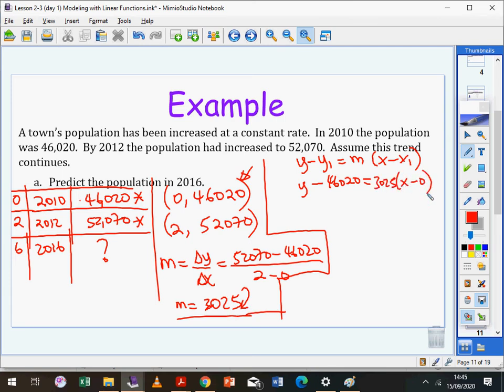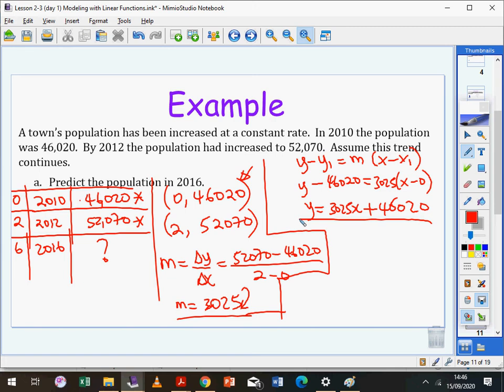So my equation is y is equal to 3025x plus 46020. That's my equation. As they're asking me to predict the population in 2016, 2016 is after 6 years.